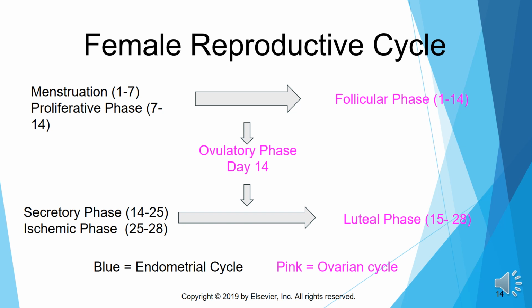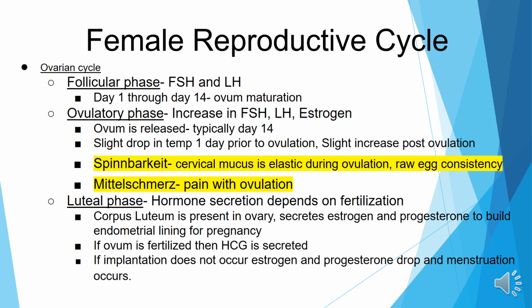But I would refer back to this slide after I've covered each of the phases of the endometrial and ovarian cycles so that you can see how they mesh together and why they work the way that they do. So it's pretty awesome. I think it's kind of magical. I think that about a lot of things in this subject matter. So, all right. The ovarian cycle is where we're going to start.